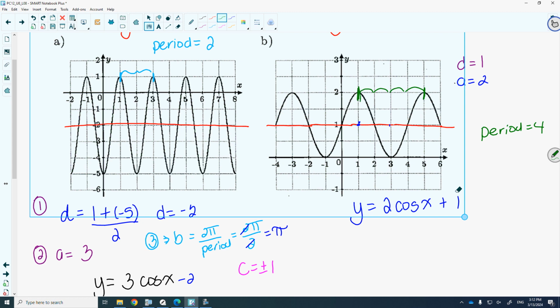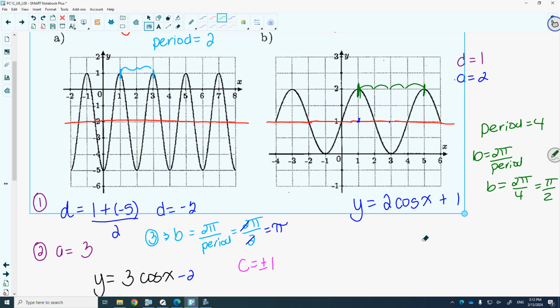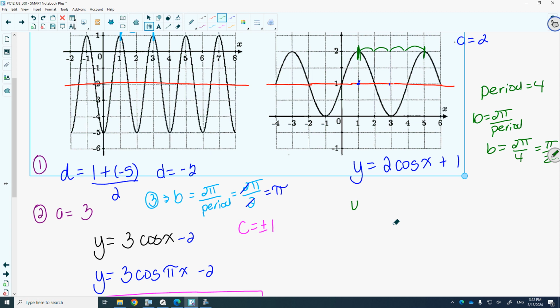So period is 2 pi divided by b, or b is 2 pi divided by period. B is 2 pi divided by 4. Pi over 2 is going to be my b value. So 2 cosine of pi over 2 x plus 1.